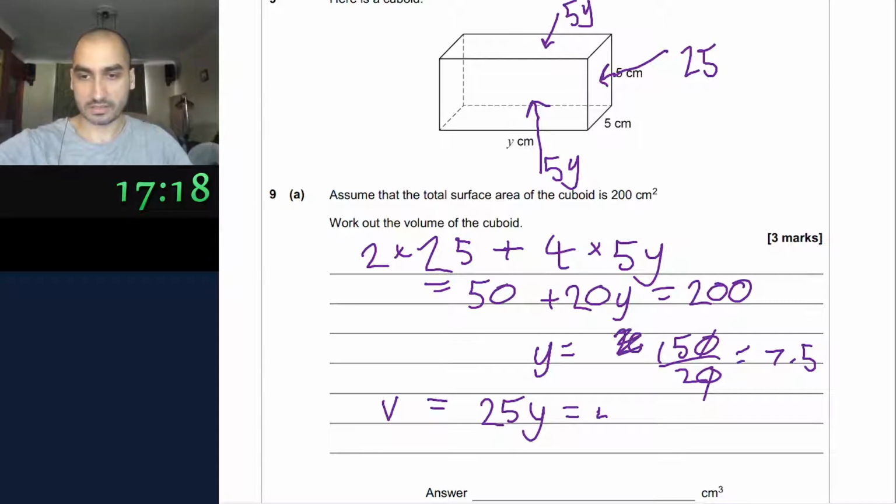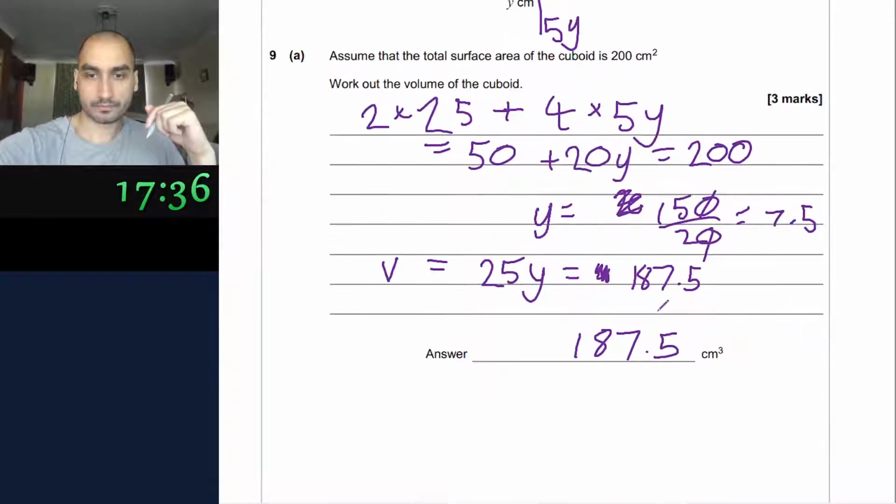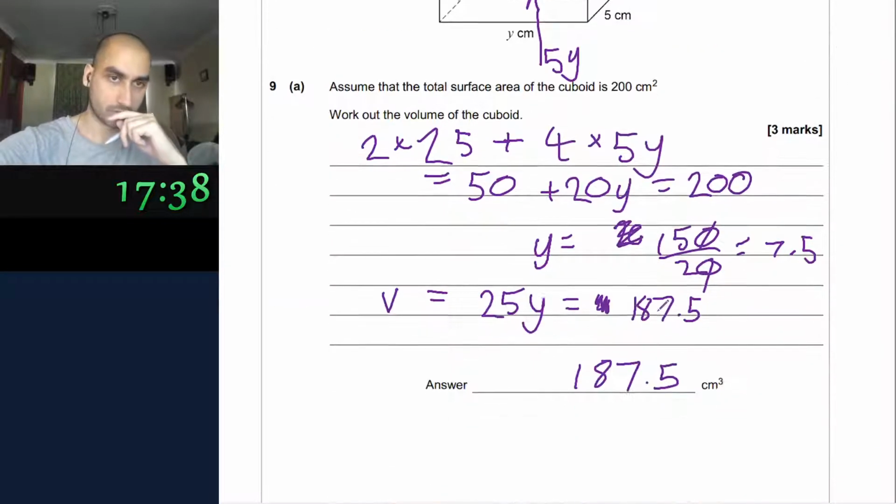Just have that in the calculator. 187.5 centimeters cubed. Okay.